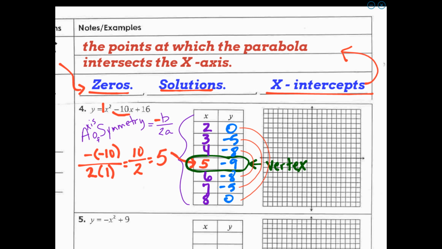Okay. What are my solutions? 2 and 8. Wherever my y equals 0, those are my solutions. So x equals 2, 8. So these are my solutions.